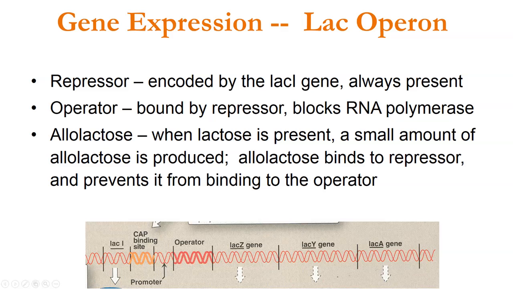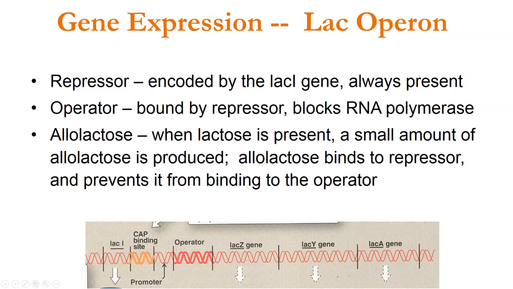If you get this allolactose bound to the repressor, it no longer binds to the operator. So that repressor protein is going to bind to one or the other. It's either going to bind to the operator or it's going to bind to allolactose. It doesn't bind to both of them. So when it's bound to allolactose, it's away from the operator sequence. Now that RNA polymerase can actually move forward.